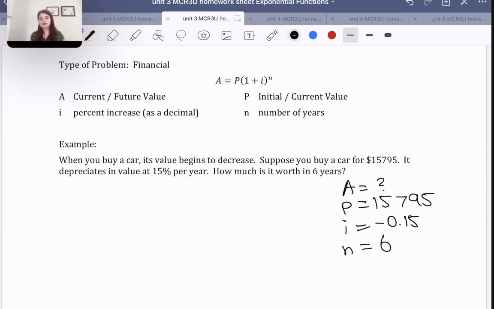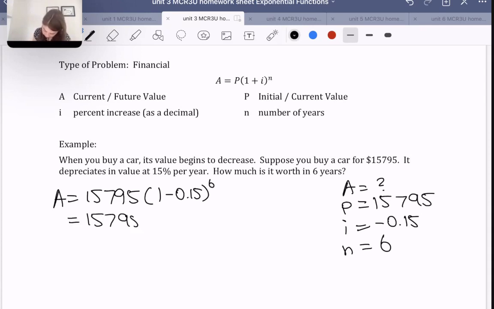Okay, well now let's figure out the answer. A is equal to 15,795 times 1 plus negative 0.15 to the power of 6, which is equal to 0.85 to the power of 6.